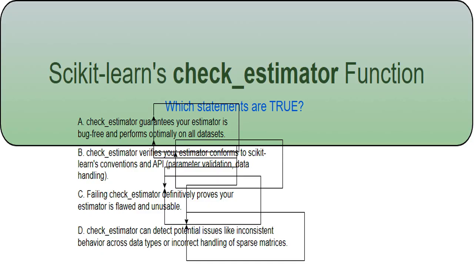This refers to a function within the scikit-learn library in Python. It's a super helpful tool for checking if your custom-made machine learning estimators, think of them as algorithms, follow scikit-learn's rules and guidelines. It doesn't find every single bug, but it's a great first step in making sure your estimator behaves as expected.